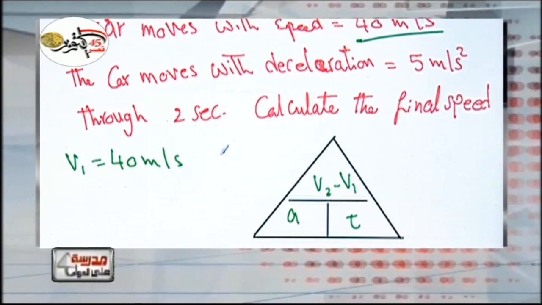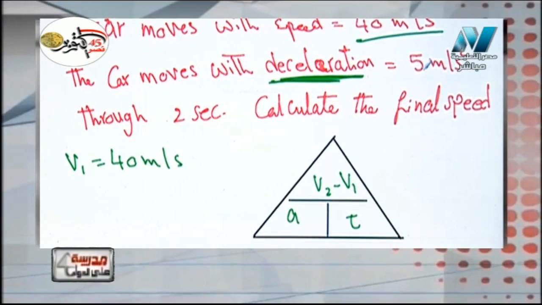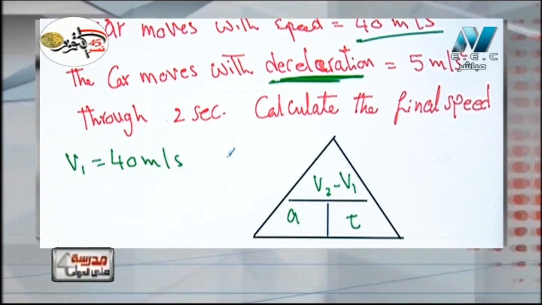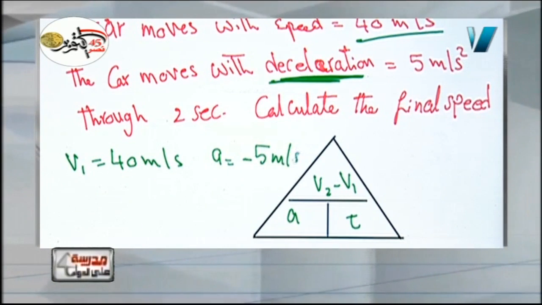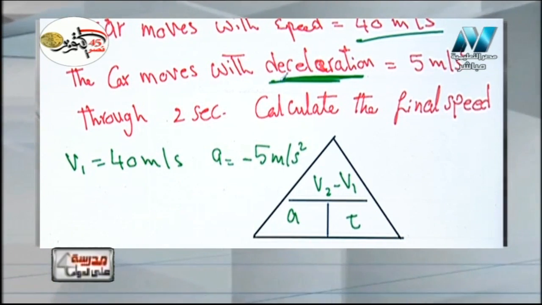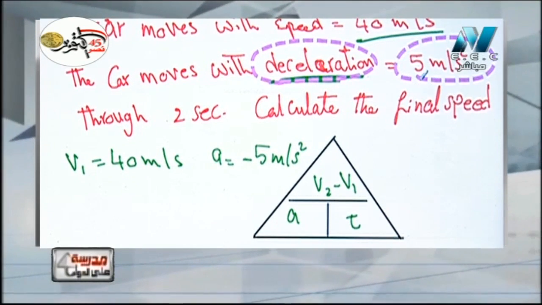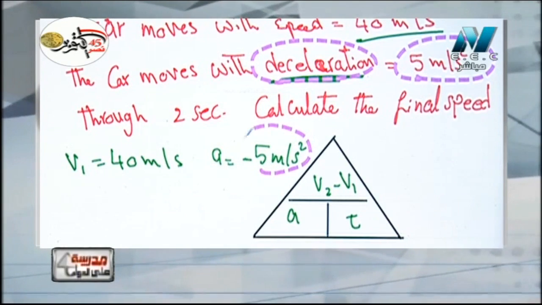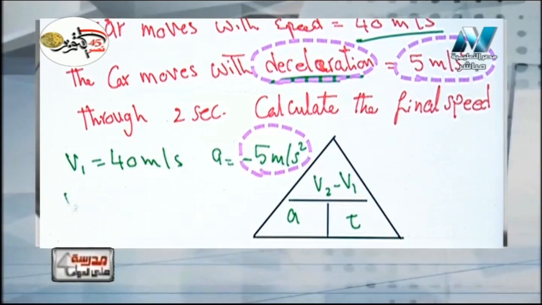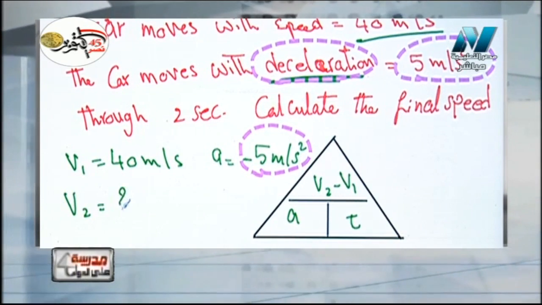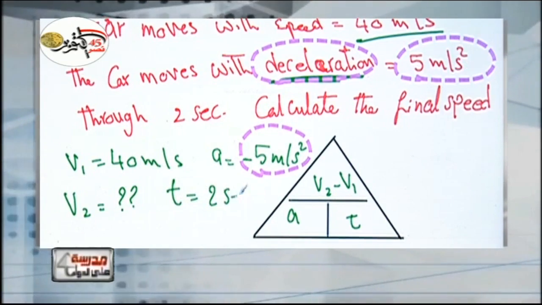Here we have to remember, خلي بالنا بقى. Decreasing or deceleration, so we have negative. So we will write acceleration equal negative 5 meter per second power 2. ليه? Because here we talk about deceleration, so we have negative acceleration, so the value is negative. And I want to calculate V2. V2 unknown. And time equal 2 seconds.